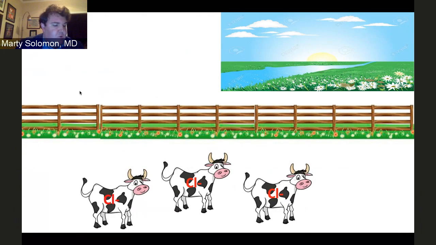The next few slides will walk us through the development of the modulator combinations that treat the most common CFTR protein defect due to the F508del mutation. This mutation is a bit more complicated because it results in a faulty building process that causes few or no gates to be assembled in the fence.